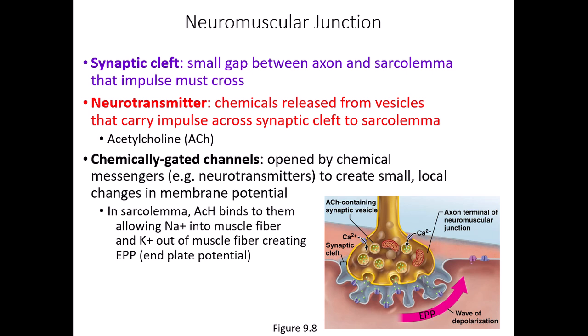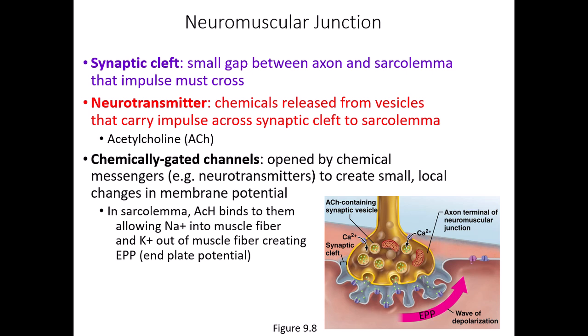This creates a small change in membrane potential, which is called an end plate potential. So we used the term action potential earlier. That's a big change, travels great distances. An end plate potential is a small change traveling a short distance.